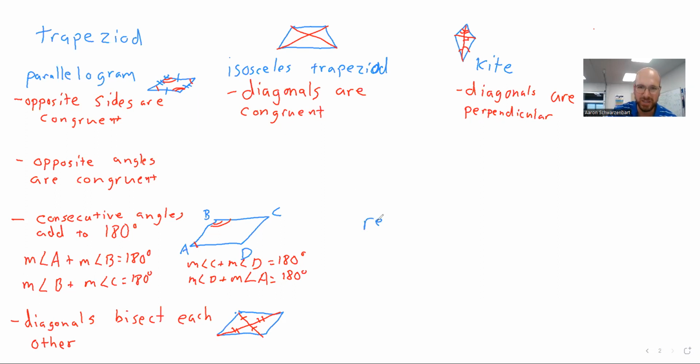So I've run out of room underneath, but a rectangle also, like the isosceles trapezoid, has diagonals that are congruent. So not only do the isosceles trapezoid, the diagonals do not cut each other in half. The parallelogram, they do. The diagonals on the rectangle are congruent.